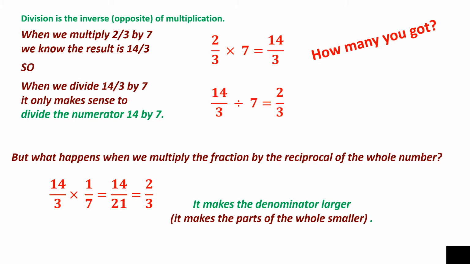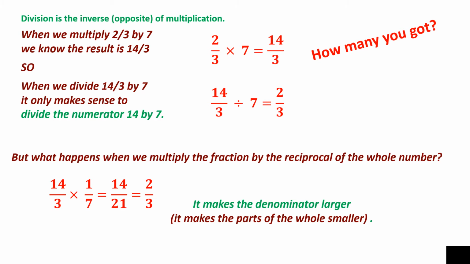Let's look at this example of 2/3 times 7, which gives us the product of 14/3. If we divided 14 by 7, it would give us the answer 2/3. So essentially, that's what we want to do. We want to divide the numerator of the fraction by the whole number.